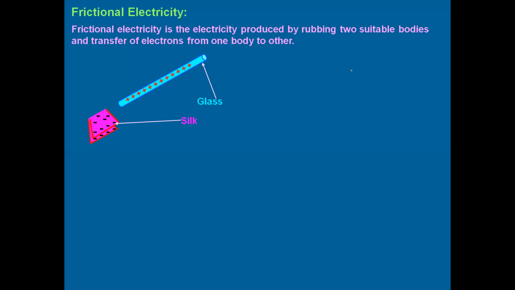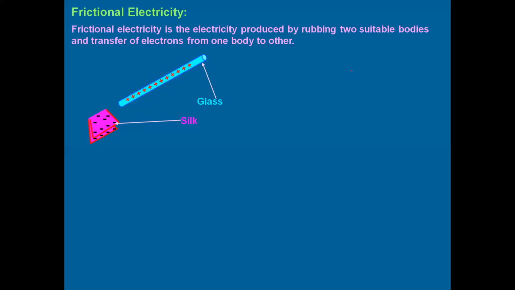When you compare glass and silk, the electrons in glass are loosely bound as compared to the electrons in silk. So when you rub the glass rod against a silk cloth, the loosely bound electrons will be easily transferred to the silk cloth. As a result, the glass rod becomes positively charged and the silk cloth becomes negatively charged.